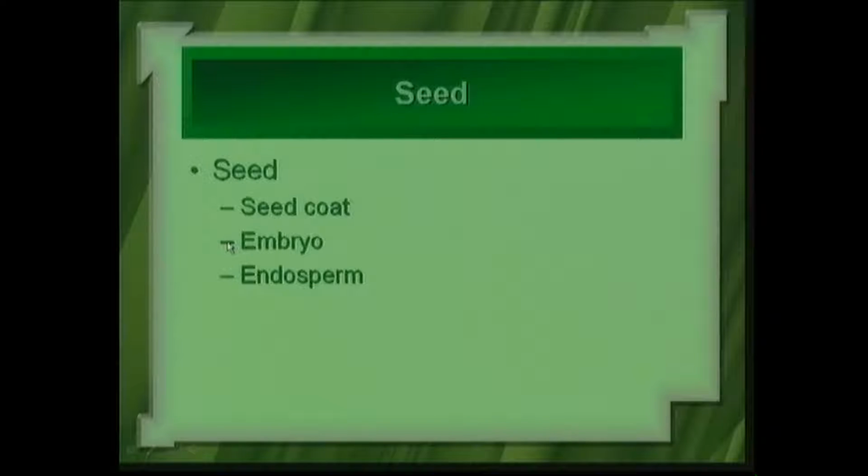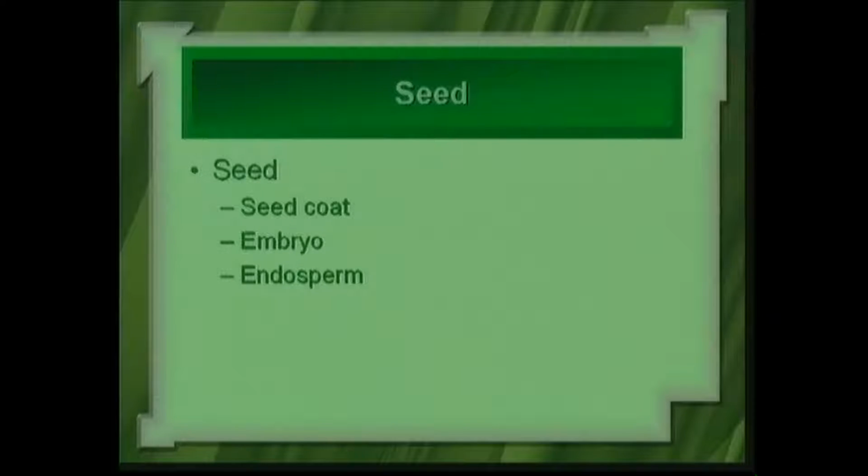Then you'll generally have the sperm and the polar nuclei. I know your reading talks about that. The endosperm could be triploid. It could have more sets of chromosomes in some cases, but generally this endosperm is very, very nutritious.